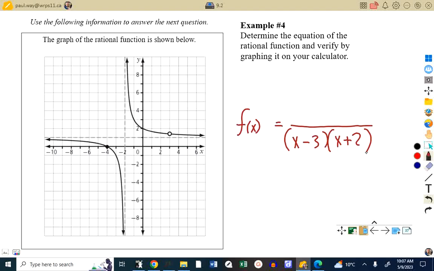This also needs to contain a factor of x minus 3 in the numerator. And the reasoning here is the x minus 3 has a zero of 3, and the hole is at 3. Again, you're focusing on this rule that wherever there's a hole, the factor that produces it has to be on the top and the bottom. Okay, it has to cancel.